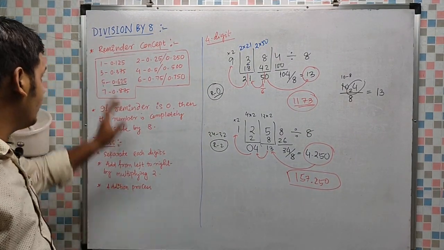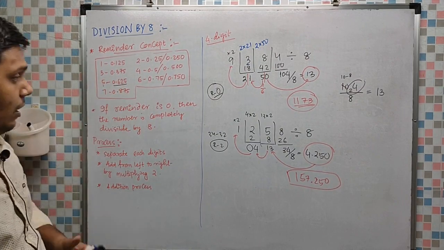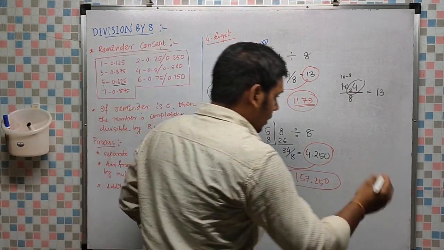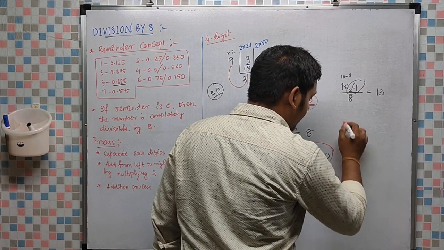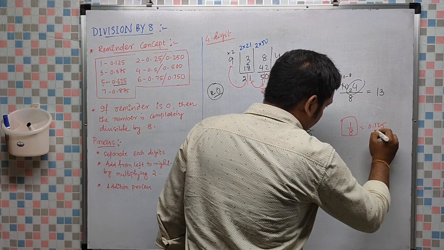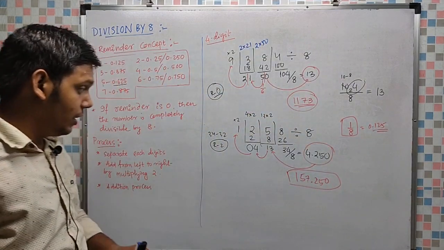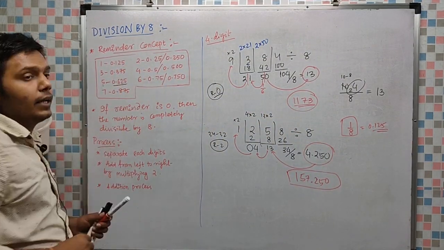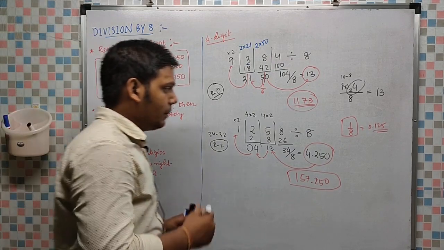And if you are asking how these values are coming: if the remainder is 1, that means we have 1 by 8. So divide 1 by 8, you will get 0.125 only. And for a shortcut, if you forget this in the exam, then what to do? Suppose a remainder is coming.